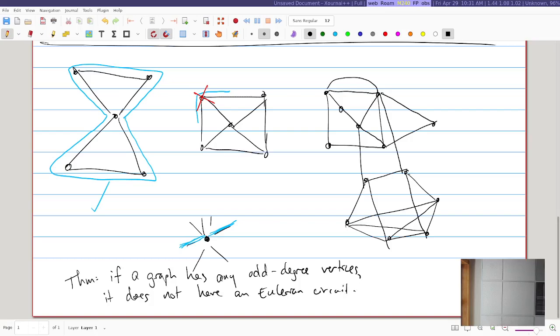Or we could phrase it contrapositively and say, if a graph has an Eulerian circuit, then every vertex has an even degree.